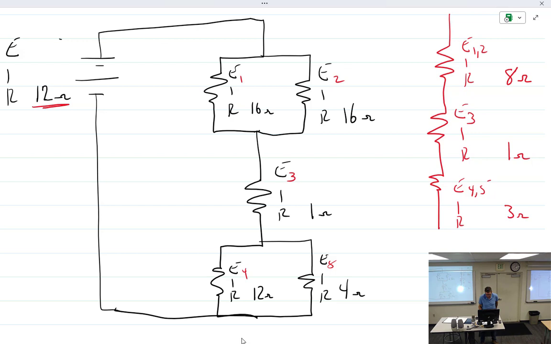But I didn't give you a voltage. We'll go 48. So what's current flow? 4 amps.